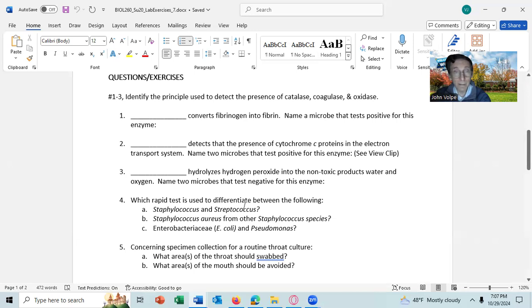And once again, we're looking at these 3 enzymes. And then 4B, which enzyme is used to distinguish between Staphylococcus aureus and other members of the Staphylococcus species. 4C, which enzyme is used to differentiate between the family Enterobacteriaceae and the family Pseudomonaceae.